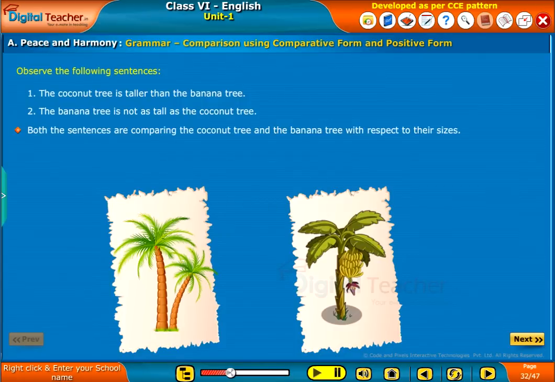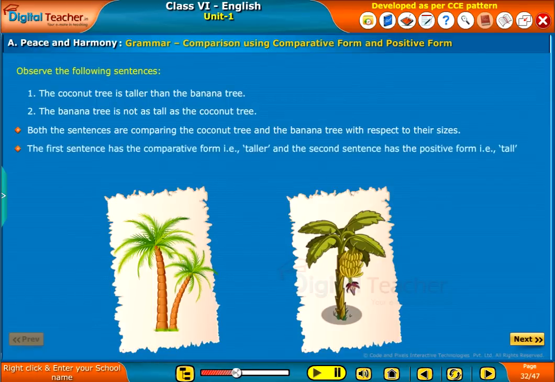Both the sentences are comparing the coconut tree and the banana tree with respect to their sizes. The first sentence has the comparative form, that is taller, and the second sentence has the positive form, that is tall. Any two things can be compared using either the comparative form or the positive form.